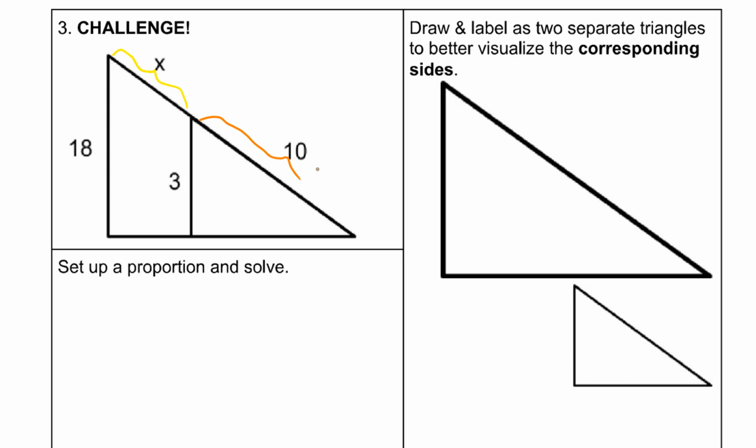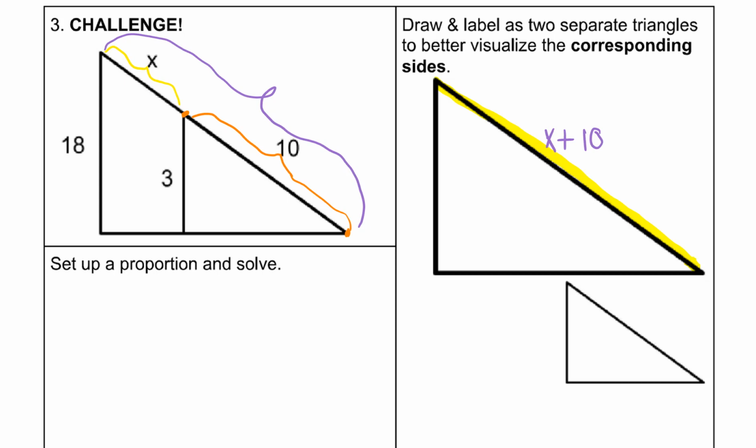Because 10 is labeled in the middle of these two vertices, this is the side length that measures 10. So what does this entire side length measure altogether? That would be this portion plus this portion. So x plus 10 is the length of this long side on the large triangle.